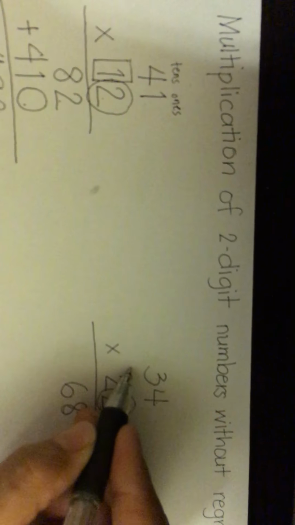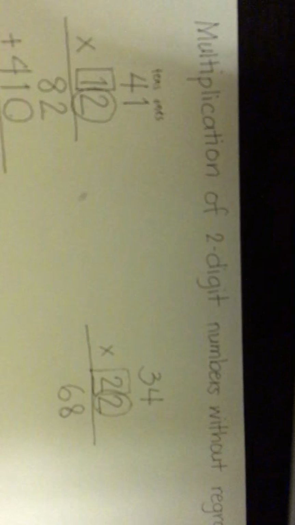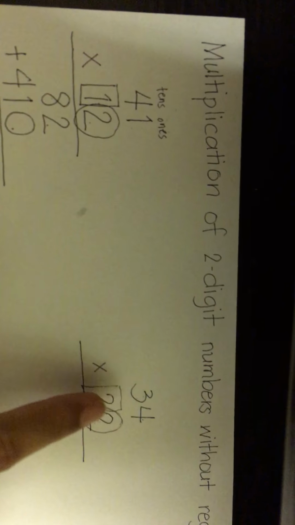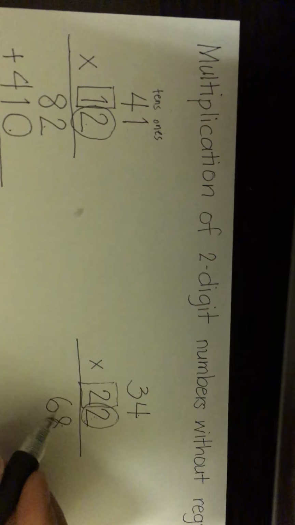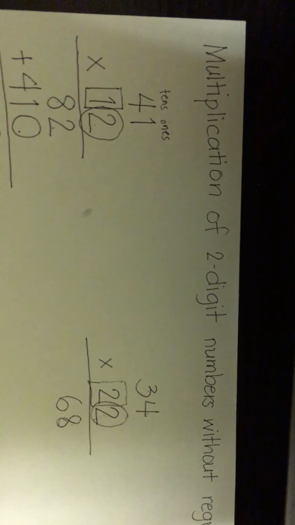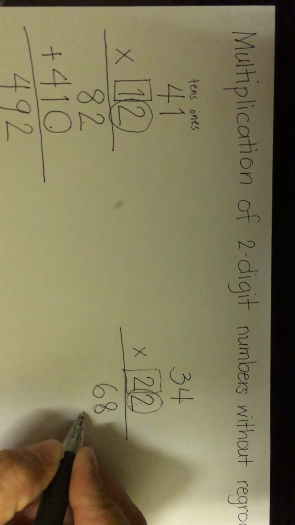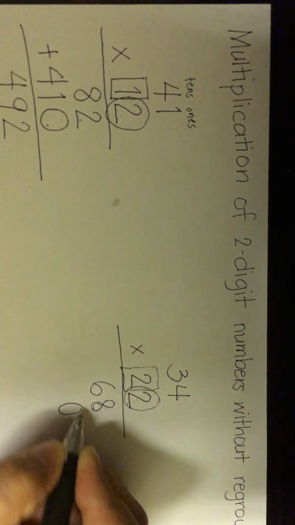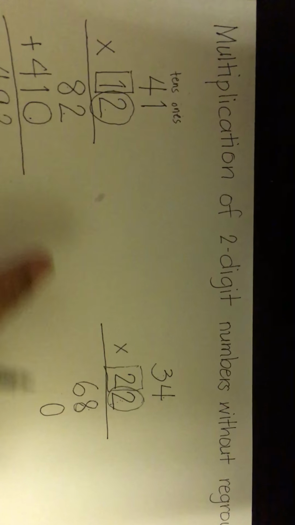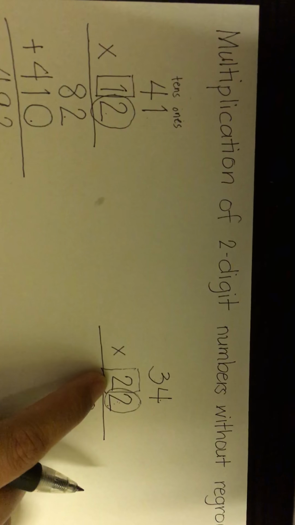Now let's go to the 2 in the tens place. Before we write, we need to put 0 as the placeholder in the ones digit, like we did before.